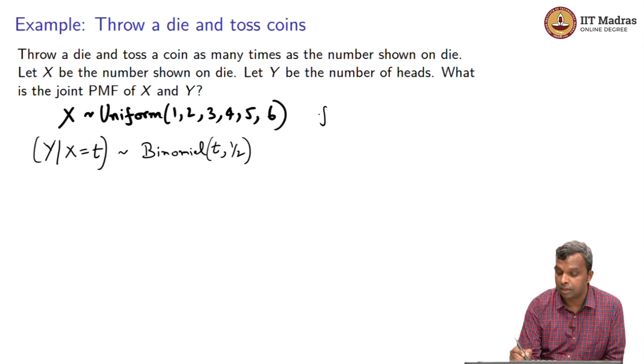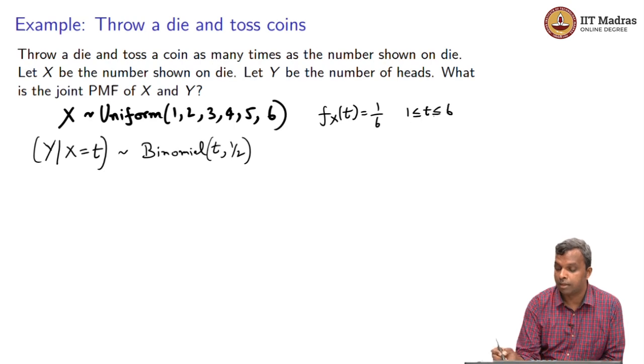So, what does this mean? So, this is f x of t equals 1 by 6 for t between 1 and 6, right. What is binomial? f y given x equals t of t prime is t choose t prime, right, 1 by 2 to the power, okay. So, maybe I should write t choose t prime in a different way.